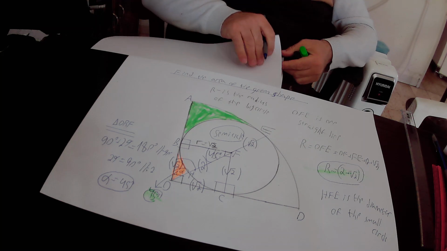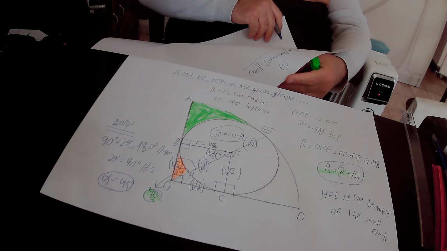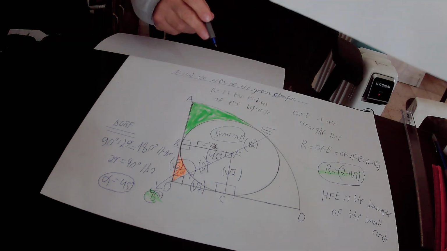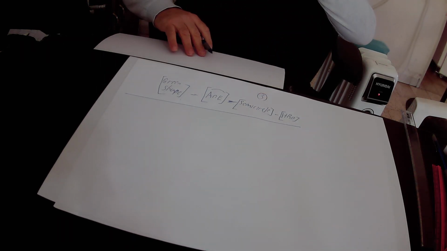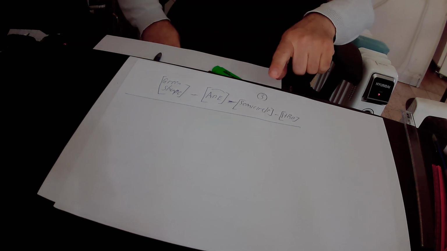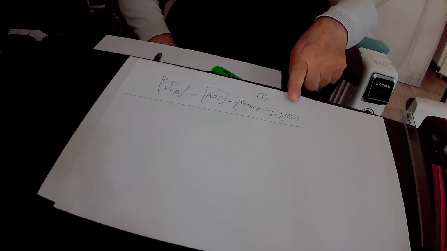Repeat again: the area of this green shape equals the area of the big sector AOE minus the area of the small semicircle minus the area of the orange shape HBO.